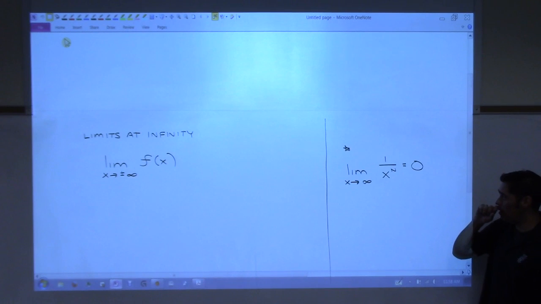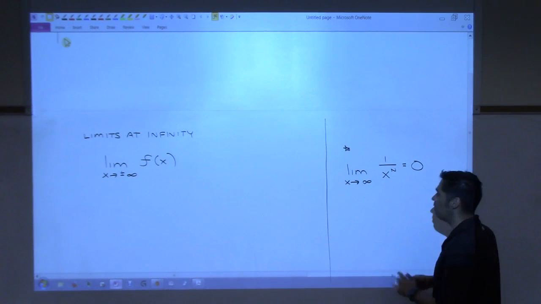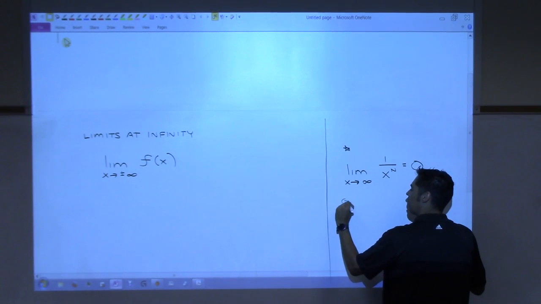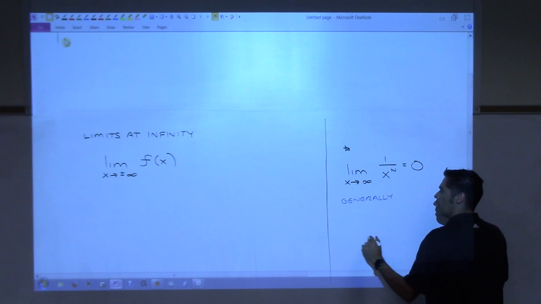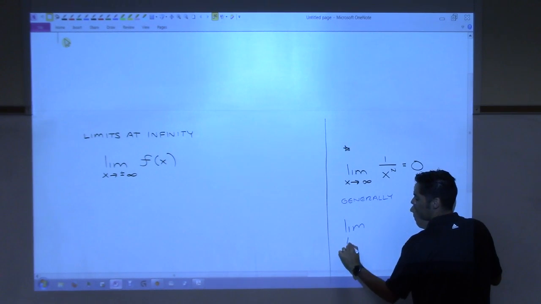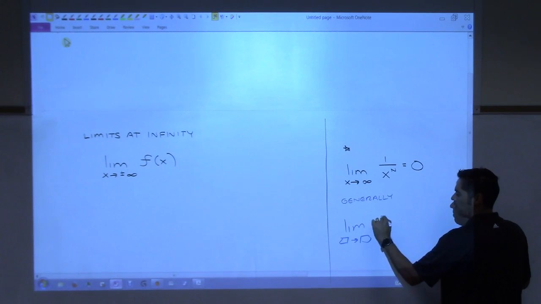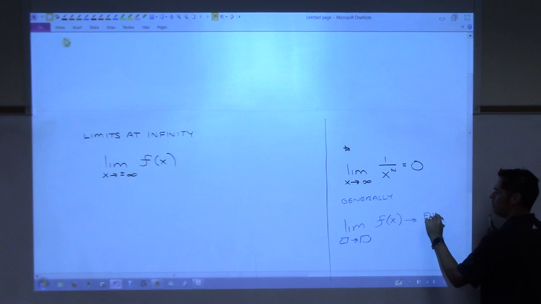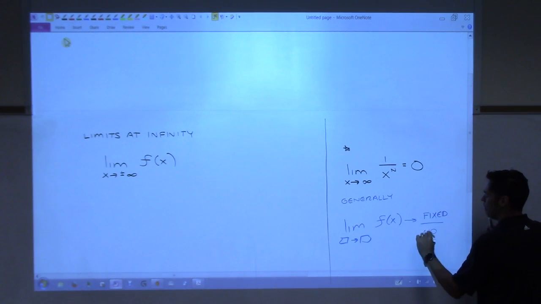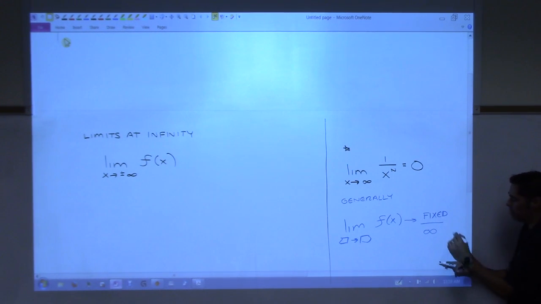And I want to extend on this even further, something even more general than this. Generally, if you take a limit of some function, and it does not matter which, and what you get is fixed over infinity, not fixed over 0, fixed over infinity, the answer is 0, and that's on your sheet.